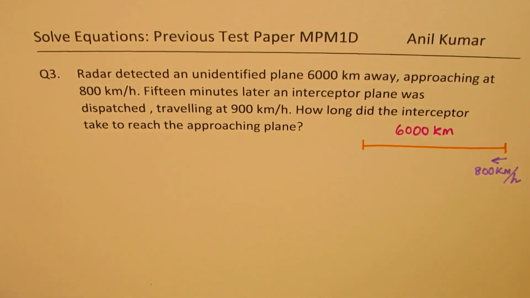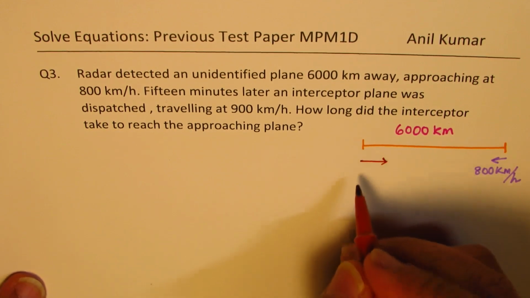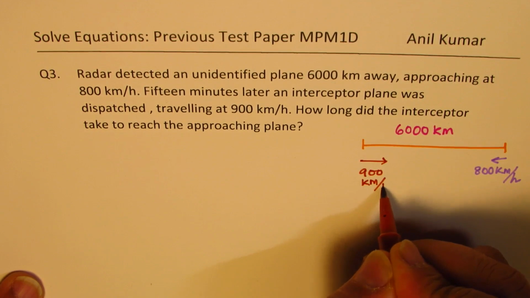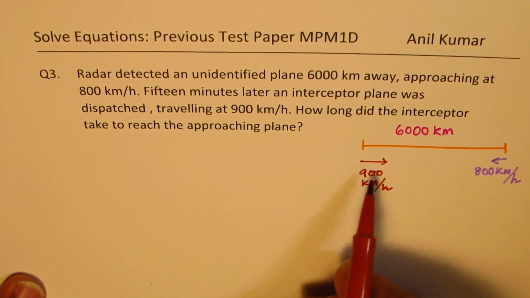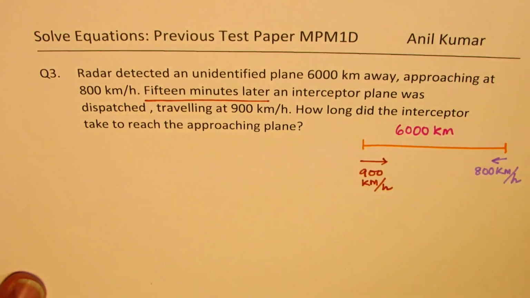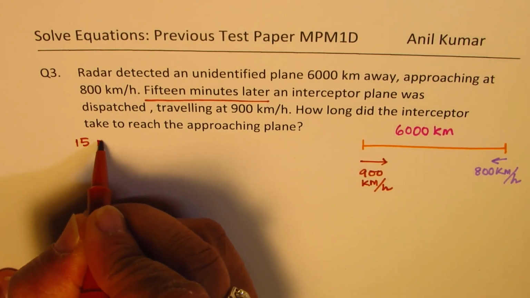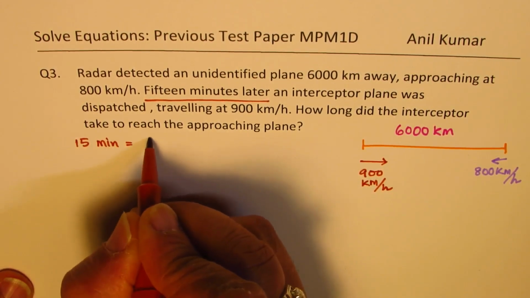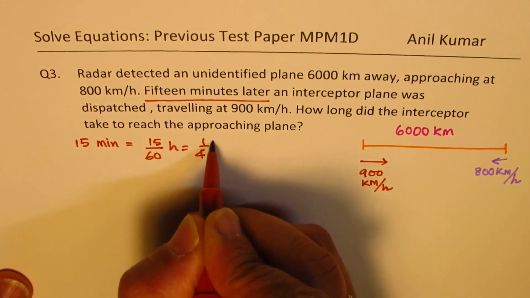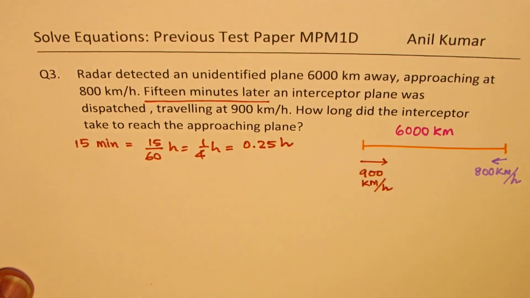From this side, an interceptor is sent, whose speed is 900 kilometers per hour. But this plane is dispatched 15 minutes later. So what does that mean? 15 minutes is 15 over 60 of an hour, or a quarter of an hour, which you can write as 0.25 hours. Is that clear?